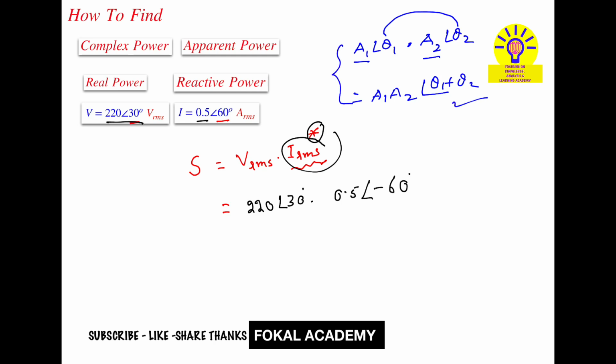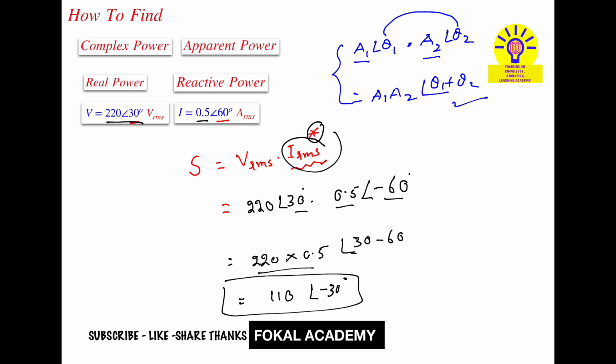By applying this property here, we will get 220 into 0.5, angle 30 plus minus 60. It becomes 110 angle of minus 30.